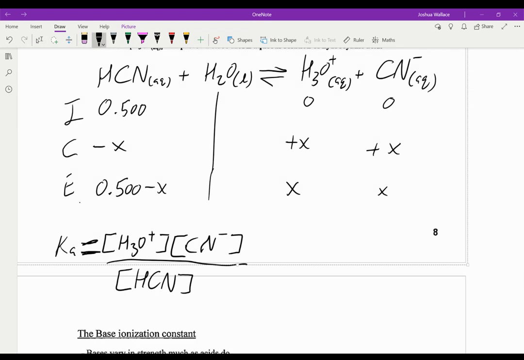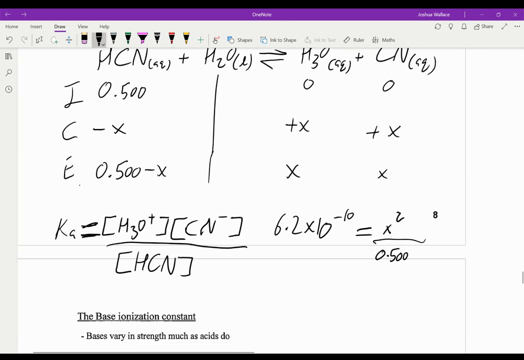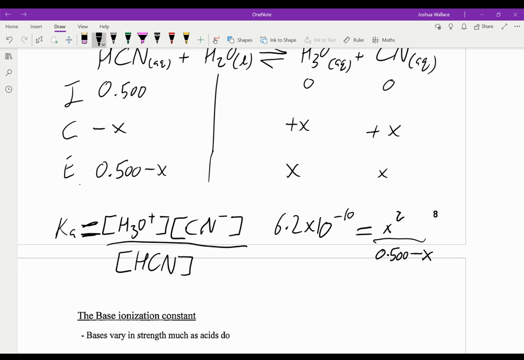Now I can find in the data book that my Ka is 6.2 times 10 to the negative 10. However, I have x squared over 0.500 minus x. All right.